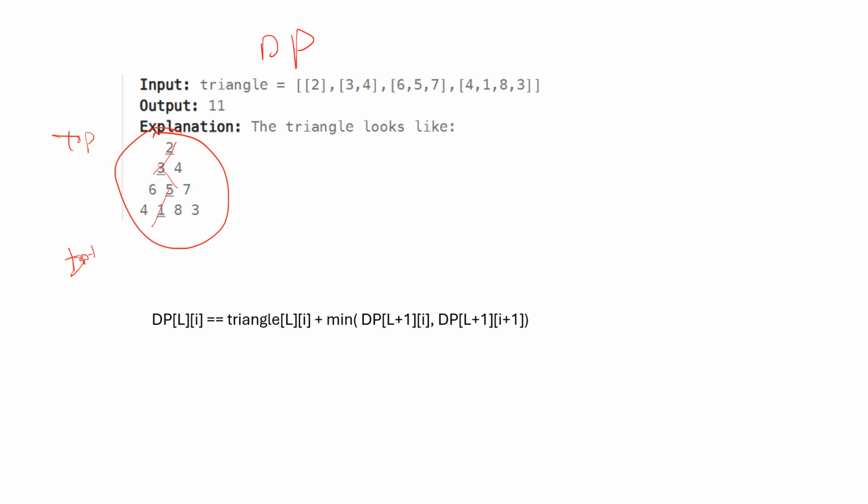If we think about how to divide this problem into subproblems, we could divide this triangle into two parts. So 2 will stay the same, that's the top level here.